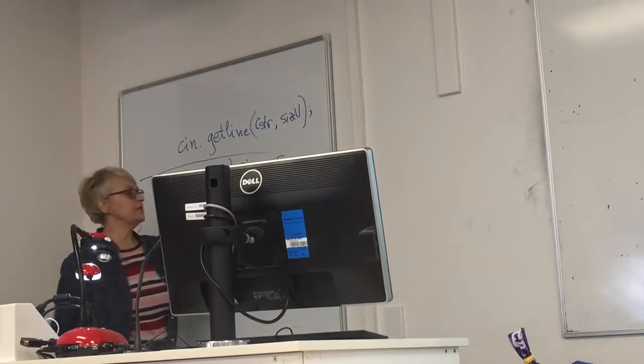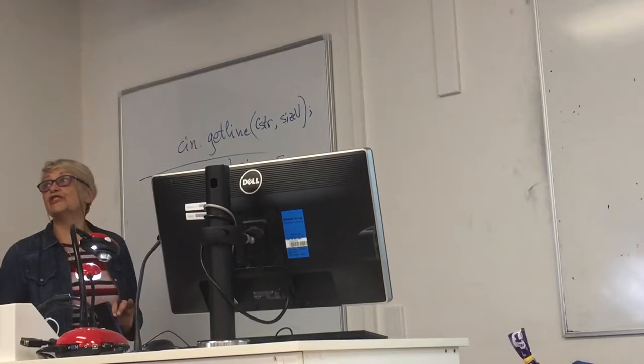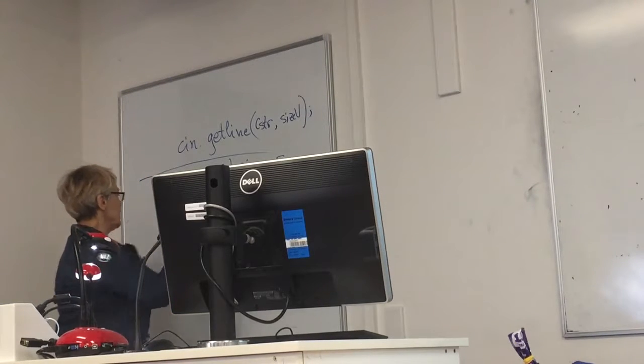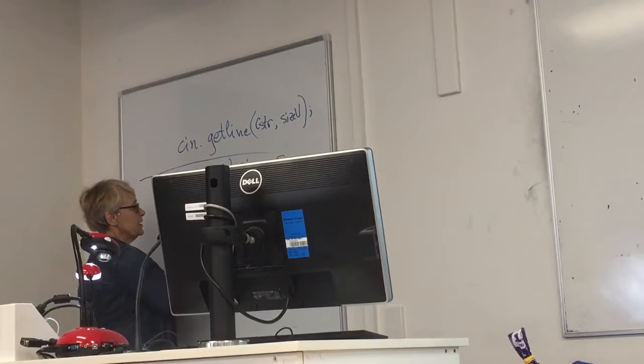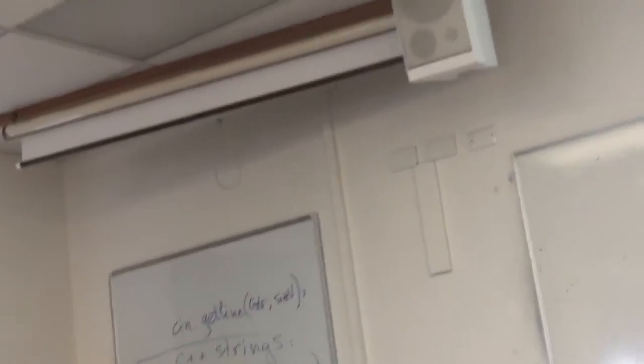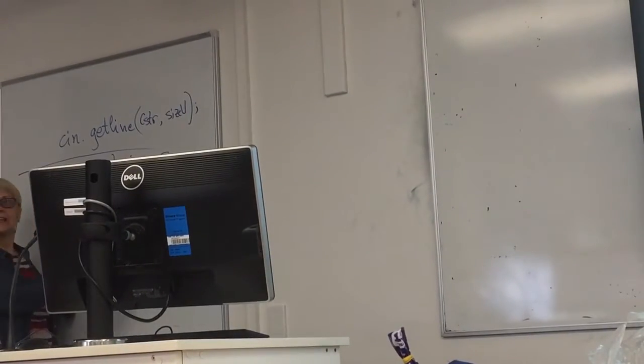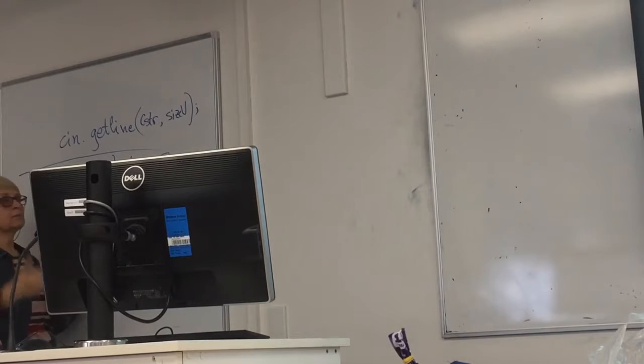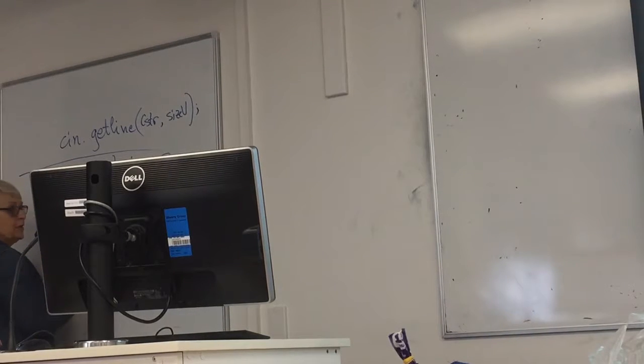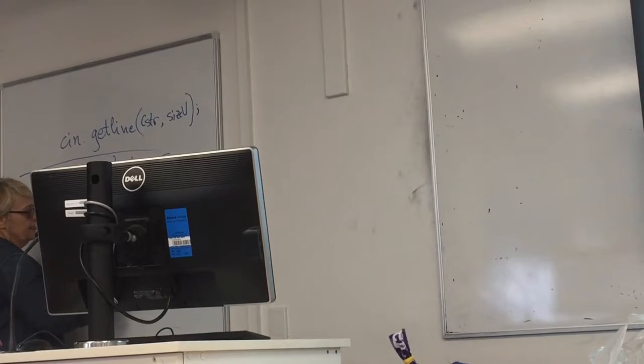The second argument is a string variable. So if you have C++, you have a string variable, mString, and you plan to get it from the standard input device with the keyboard. All you have to do is getline(cin, mString). You don't have to pass anything else.